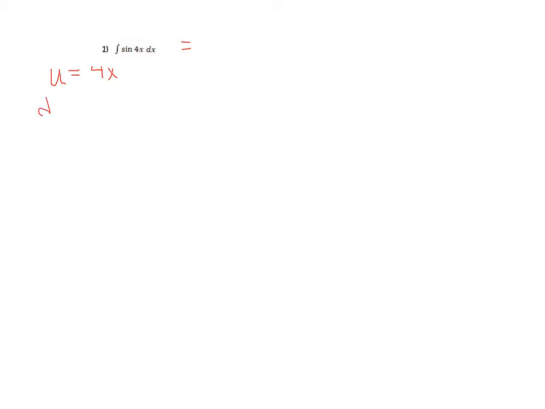So the differential of u equals 4 times dx. As you can see, we don't have here 4 dx. So we need to do a change of variables.